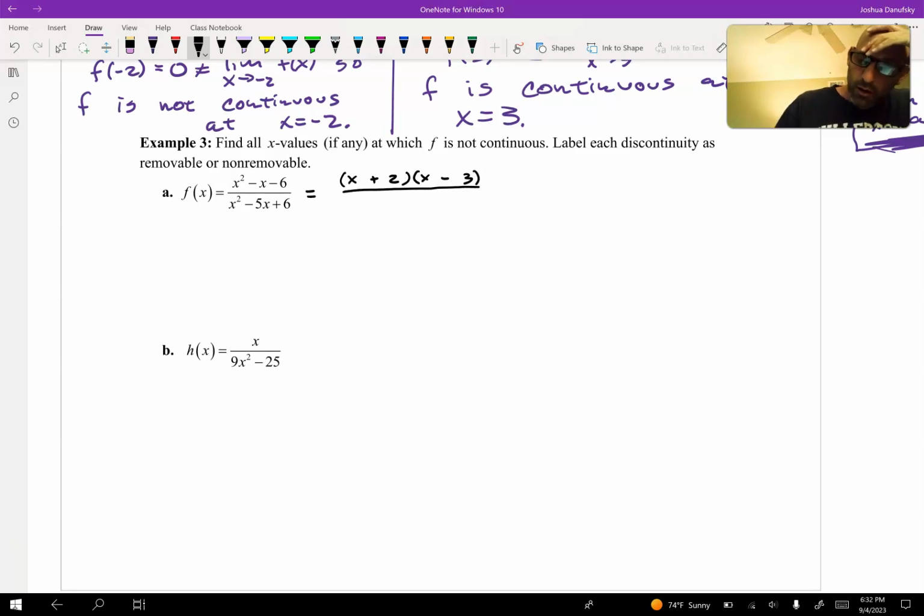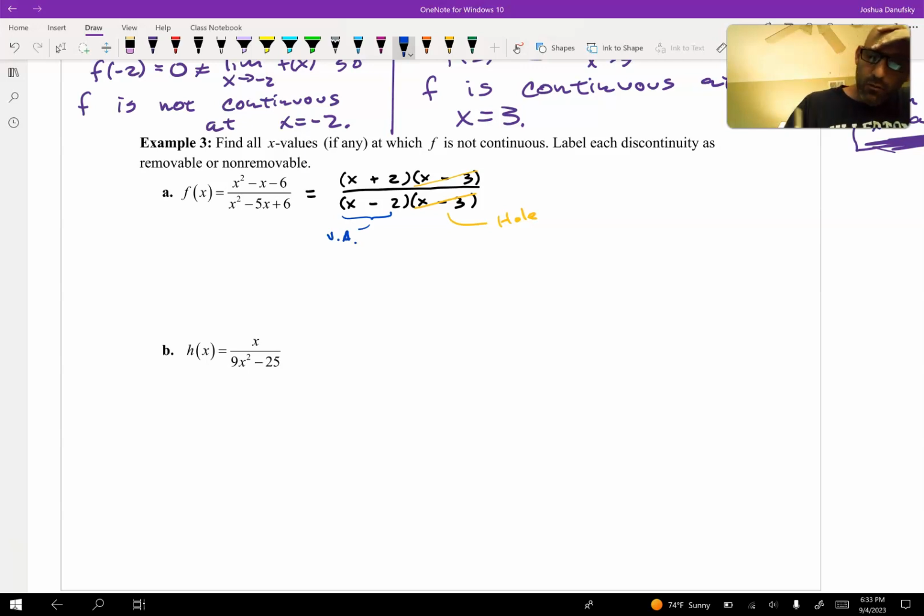That ought to work. On the bottom we have x minus 2, x minus 3. I think they're both negative in this case. And so I'm sure you're noticing that the x minus 3's cancel. And if you remember, that means that we have a hole in our graph. But over here, this is telling us we have a vertical asymptote.